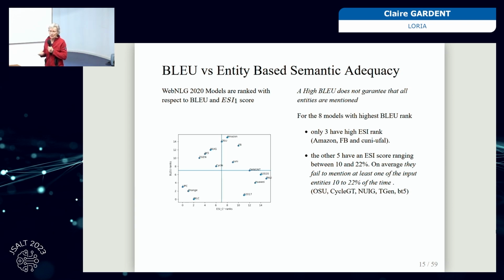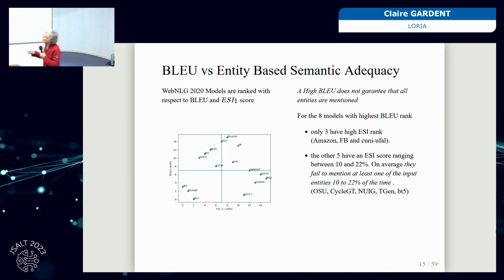Right? So it's basically comparing what the model generates with the expected text. So what we wanted to see is, in terms of omission, how well does BLEU capture the fact that the model does or does not omit some input information.